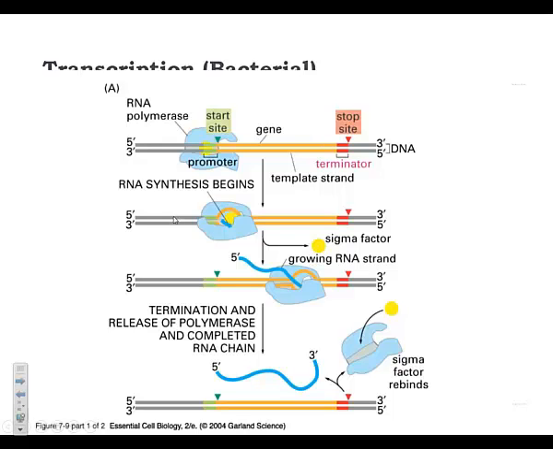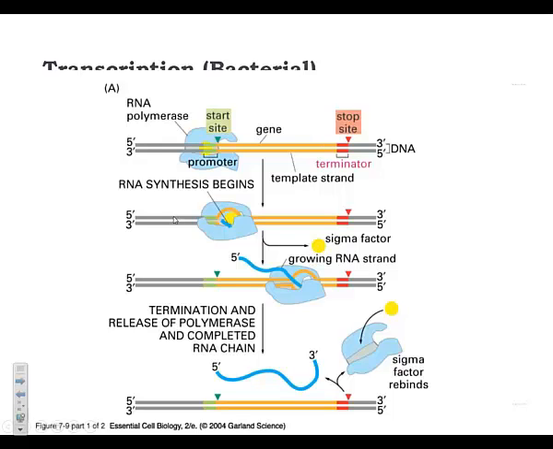So how does RNA synthesis begin? In order to make messenger RNA, you need a rather large enzyme called RNA polymerase. That RNA polymerase is able to break apart the hydrogen bonding between the two antiparallel strands of the DNA double helix with the help of a factor called sigma factor, which attaches to a region within the promoter just before the start site of the gene.